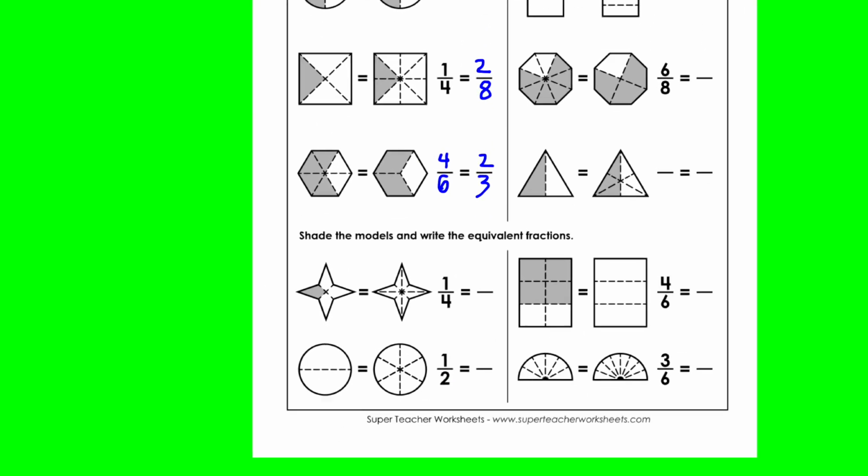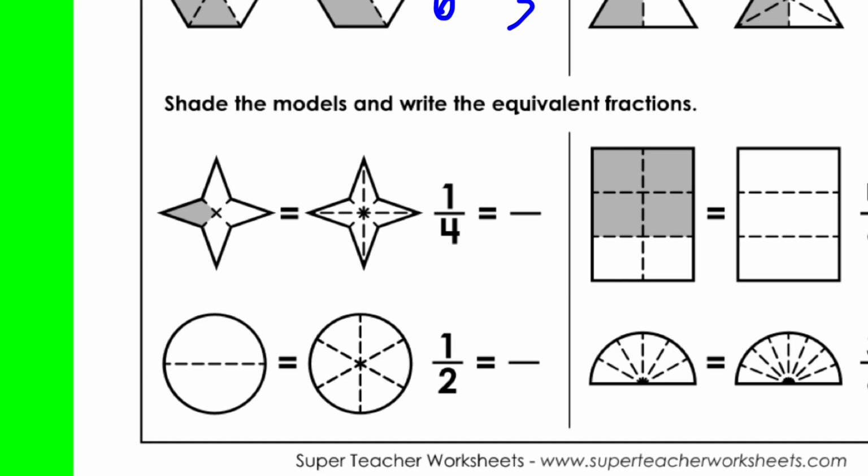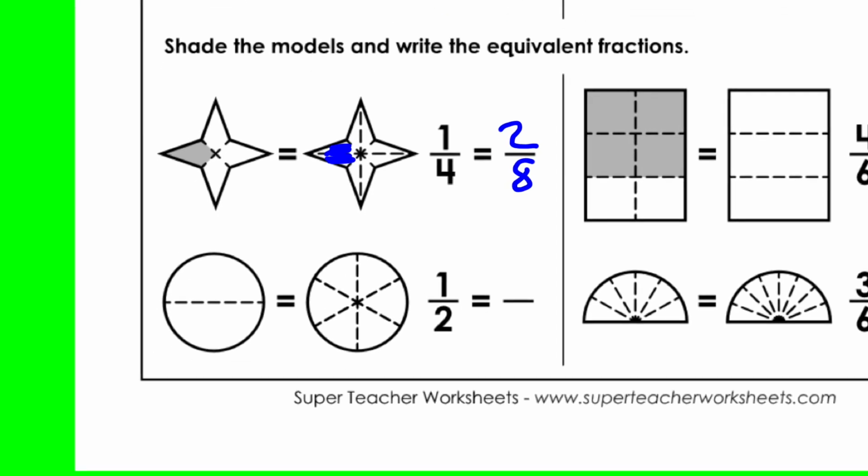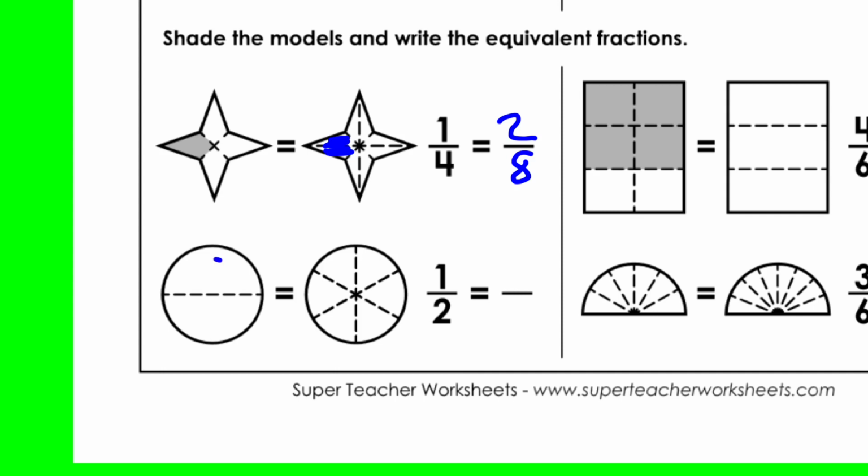And then if we keep looking at these, 1 out of 4, there's 4 parts to this picture. 1 is shaded, is the same as 1, 2, 3, 4, 5, 6, 7, 8. And I would have to shade in 2 of those parts. 2 out of 8. On this one, I want to show 1/2, so I'll shade in 1/2.